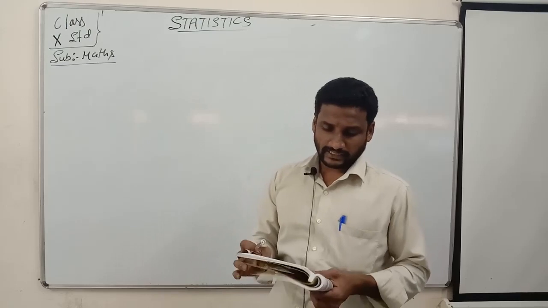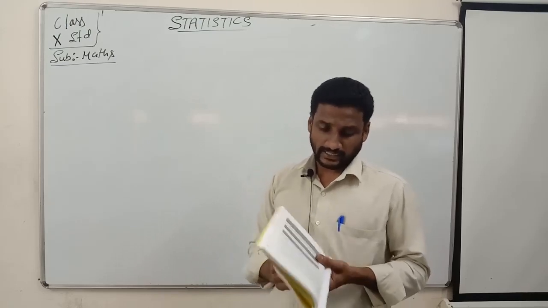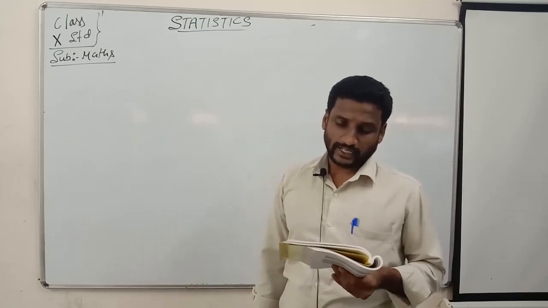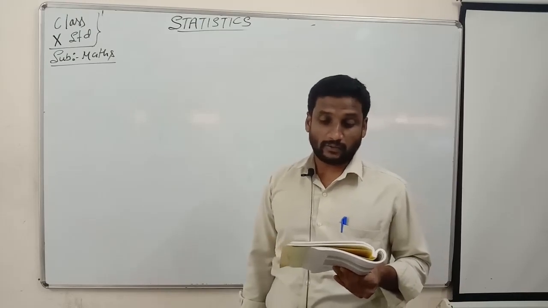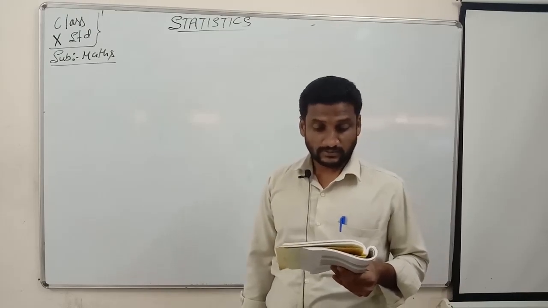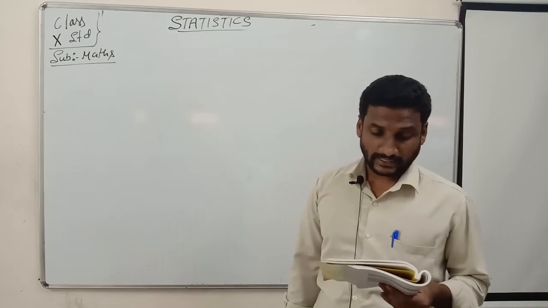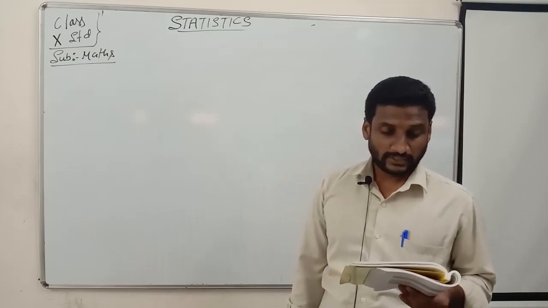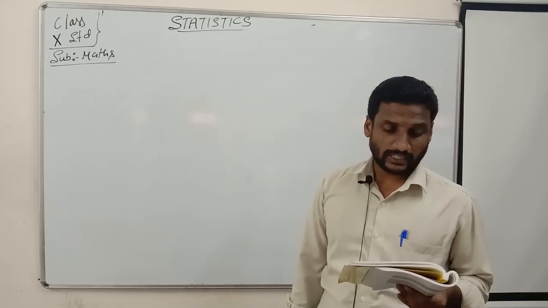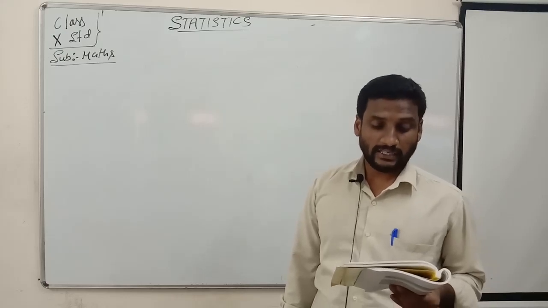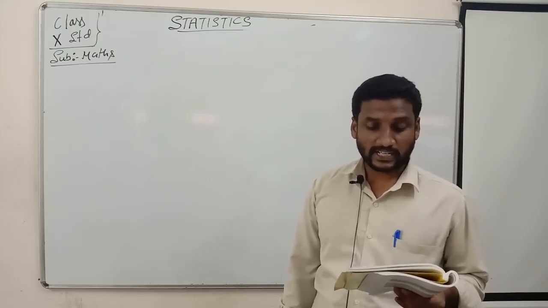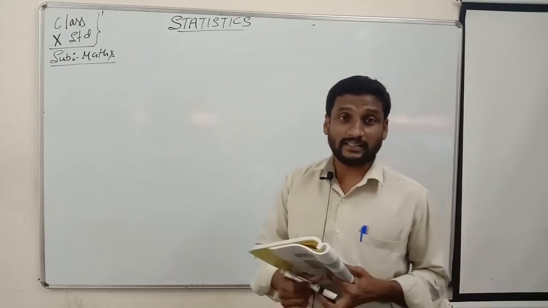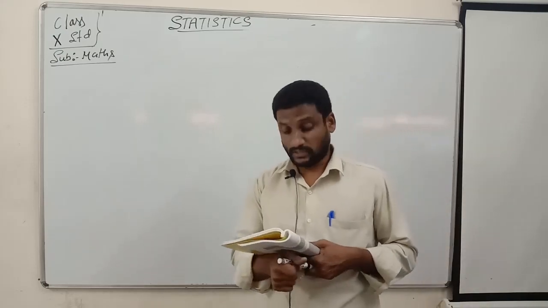The question is like this: a survey was conducted by a group of students as a part of their environment awareness programs, in which they collected the following data regarding the number of plants in 20 houses in a locality. Find the mean number of plants per house.